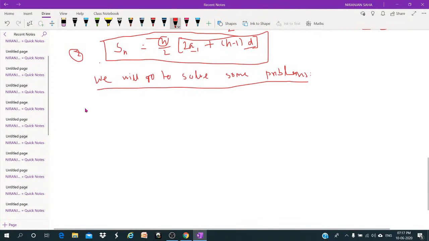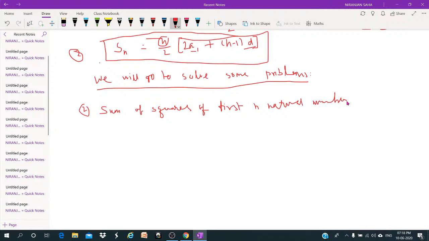The sum of squares of the first n natural numbers is equal to n into n plus 1 into 2n plus 1 by 6.